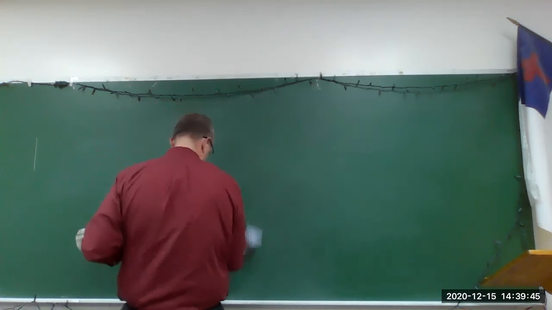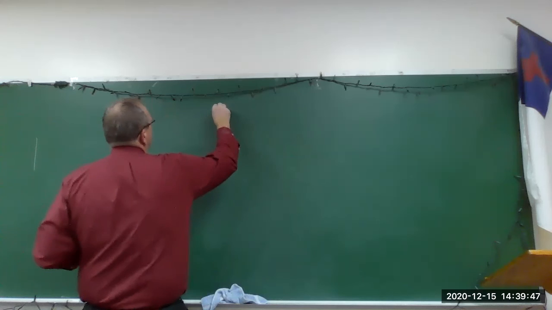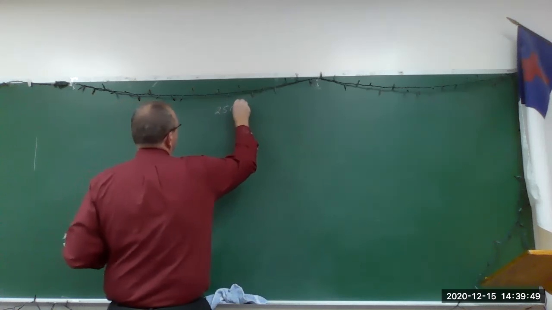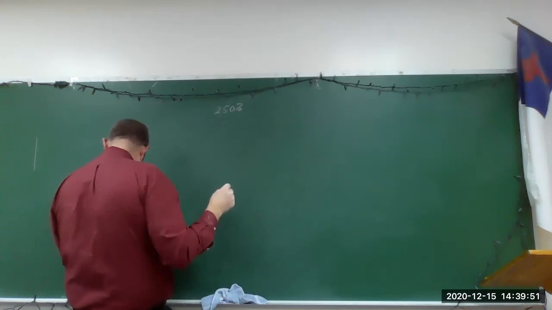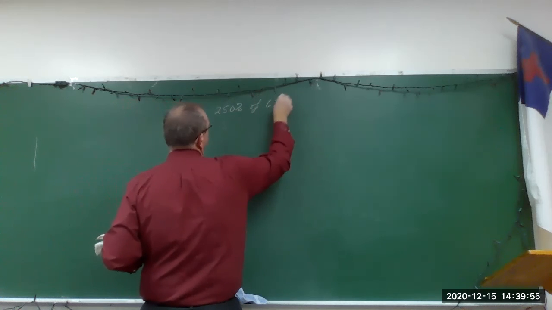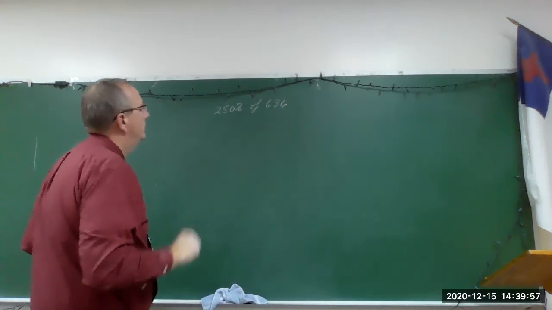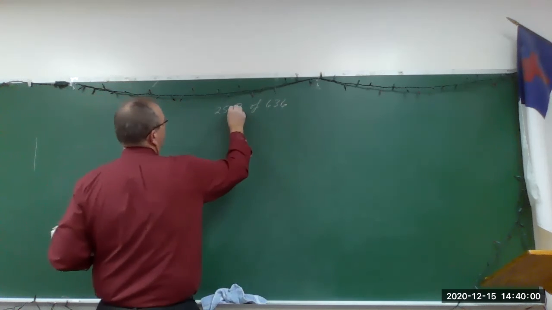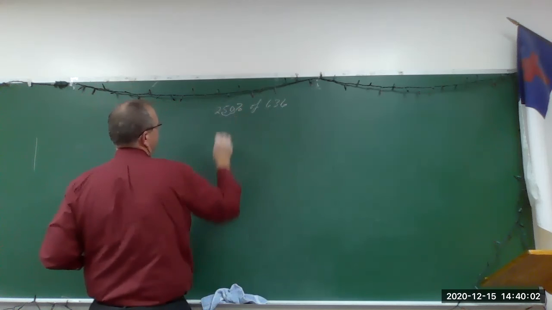250% of 636. Okay. Again, you're going to move your decimal point 2 places.